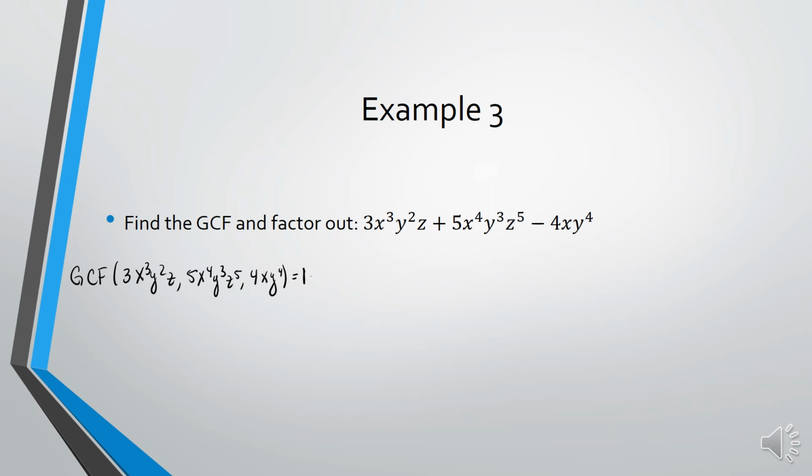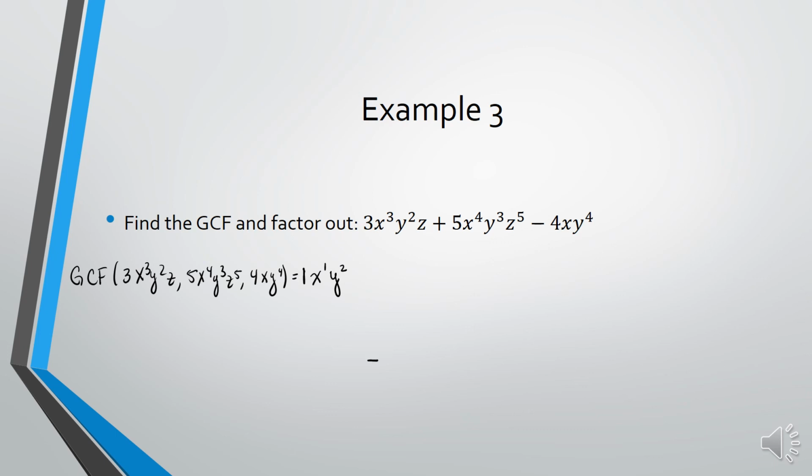X appears in all of these terms, so x is going to be part of this. As far as the exponent goes, the smallest exponent on x is 1. Y appears in all of them, so y is going to be part of this. Looks like the smallest exponent on y is 2. Z does not appear in all these terms, so z is not part of my greatest common factor.